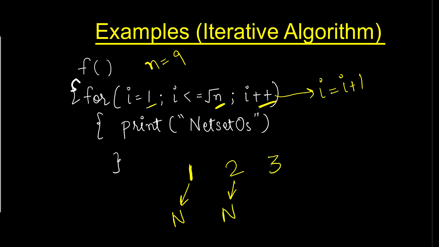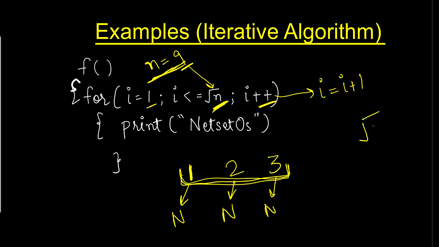Now for 3, because the square root of 9 is 3. So that means this loop is running for 3 times when we have given n is equal to 9. That means our loop will work for root n times. So we can say time complexity for this program will be order of root n.